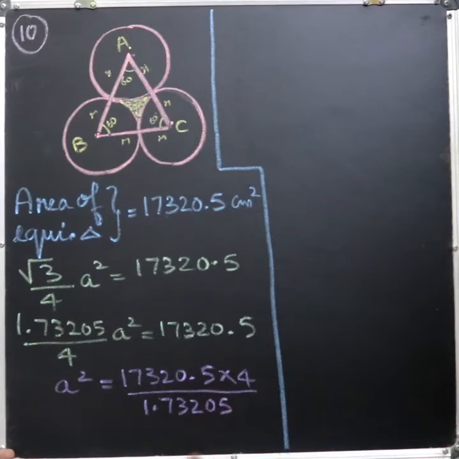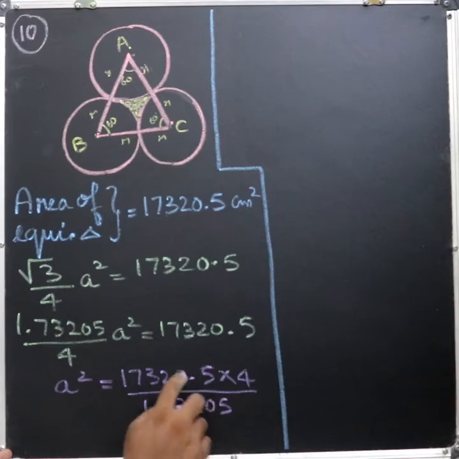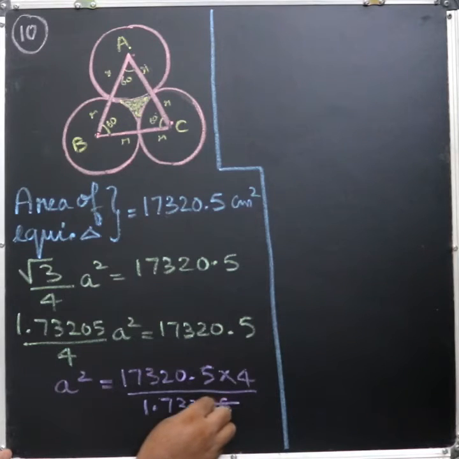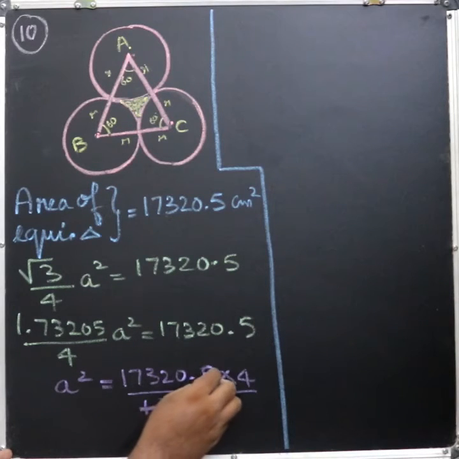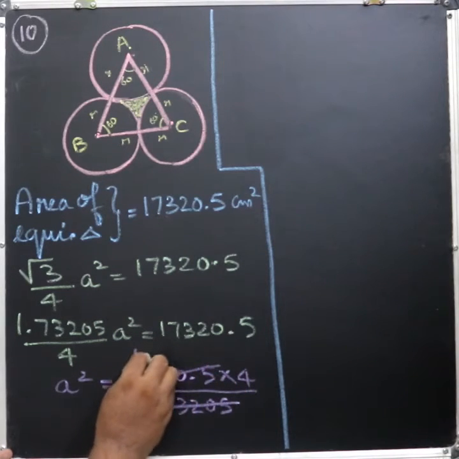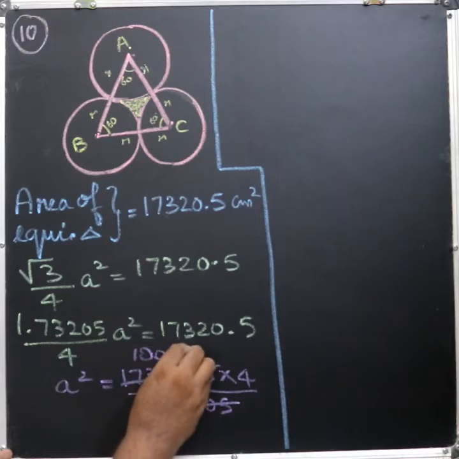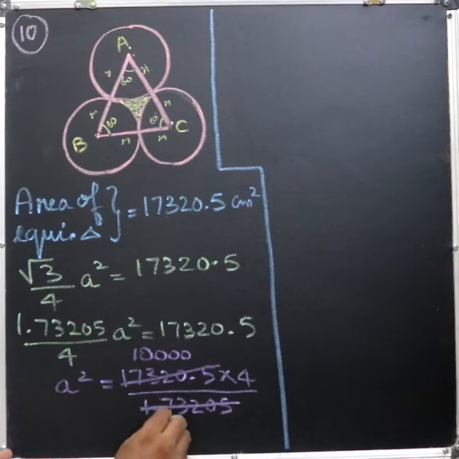Now you can see that the decimal point in the numerator has moved. From here it has moved 1, 2, 3, 4 places. That means when you multiply this number by 1 followed by 4 zeros, which is 10,000, then you will get this number. So this is 10,000 times 1.73205.